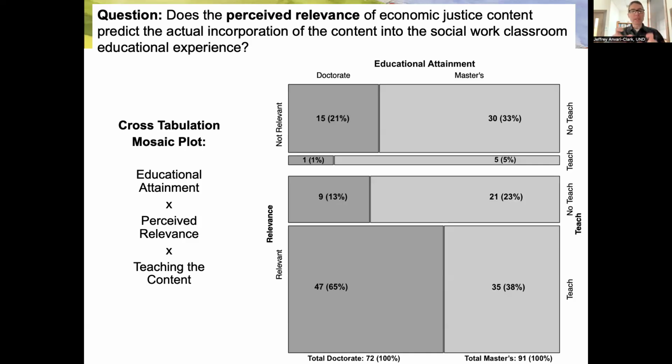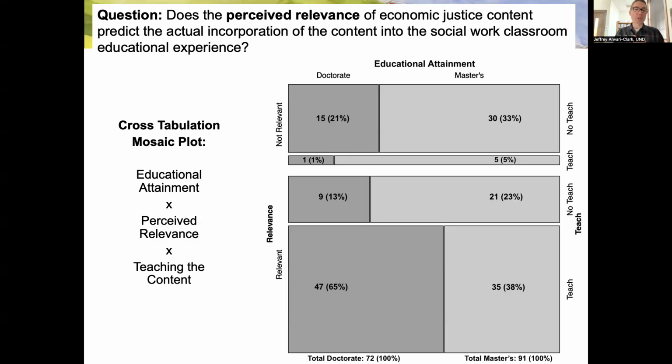So I break them down, and you can see visually different ratios. People who perceived the teaching of this content as being relevant, do teach it, and have doctorates, that was actually the largest group.